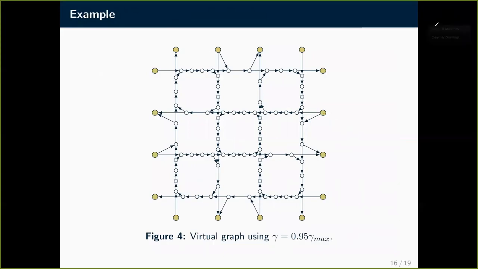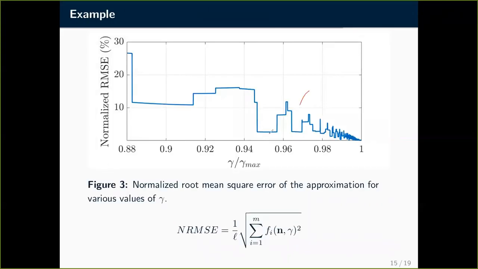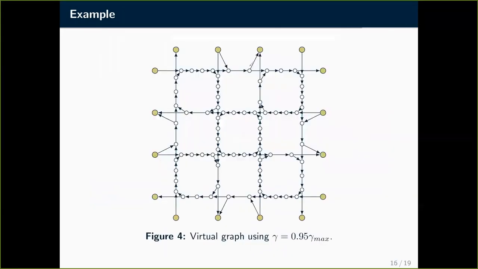By choosing, just arbitrarily, a gamma of 95% of the maximum value, which corresponds to an error of about 3%, we obtain this network. Here, this road was partitioned into 2 cells, this one was partitioned into 3, and this one into 4, and so on.